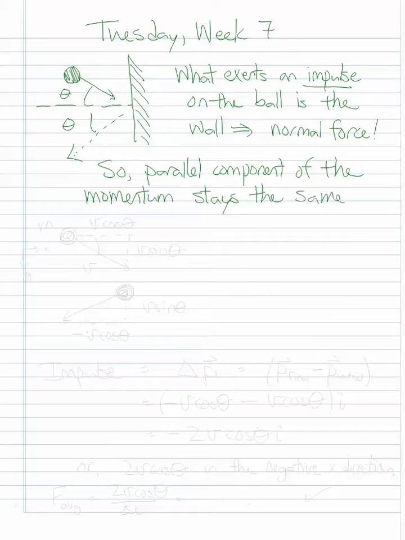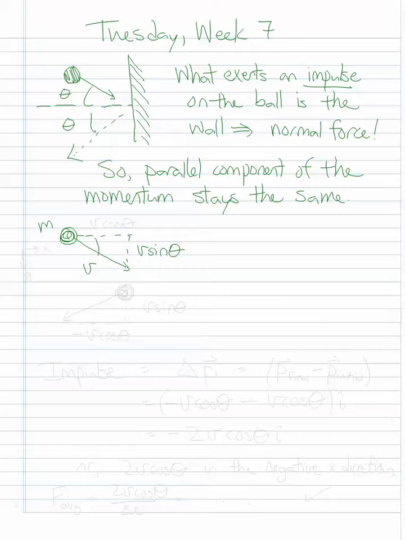So, as we'll show later, that means that if the parallel component of the momentum stays the same, so if this piece, say, we'll call this V and M, if V sine theta stays the same, and we have an elastic collision so that the speed doesn't change, that means that V cosine theta simply flips around.